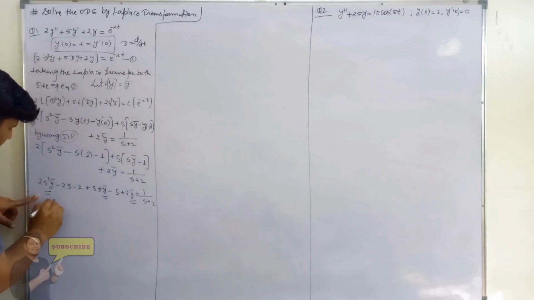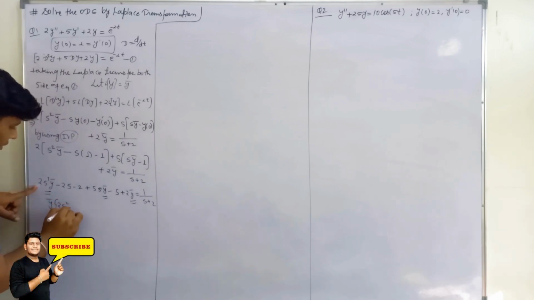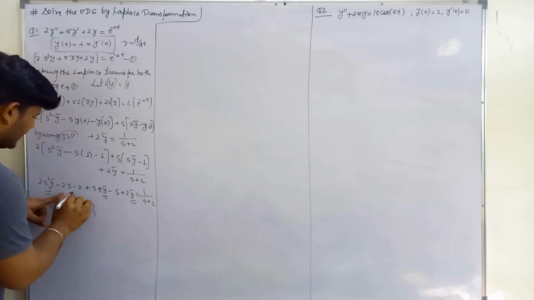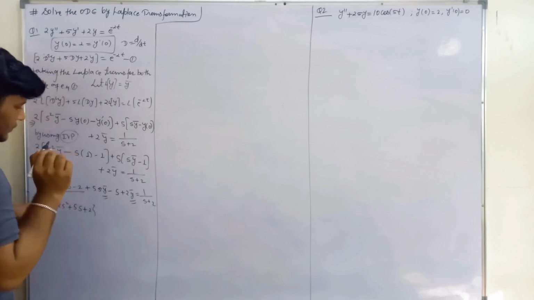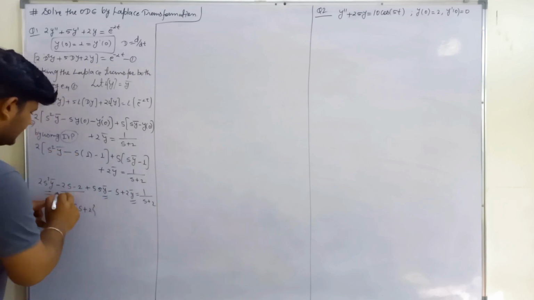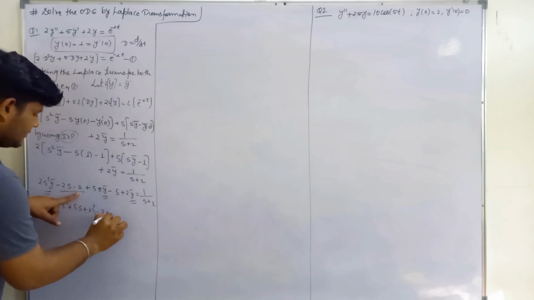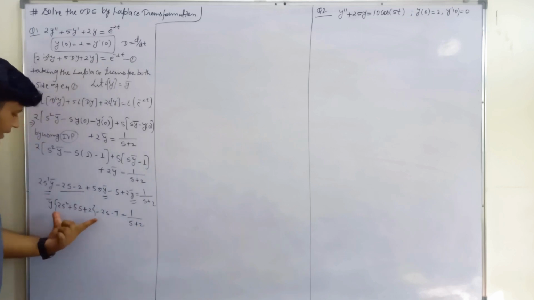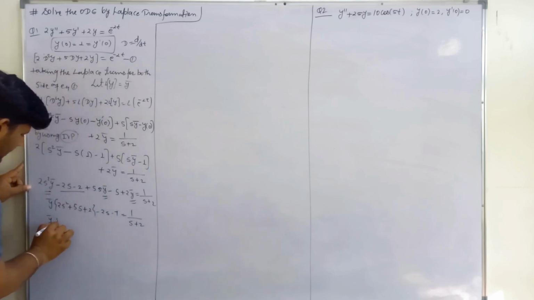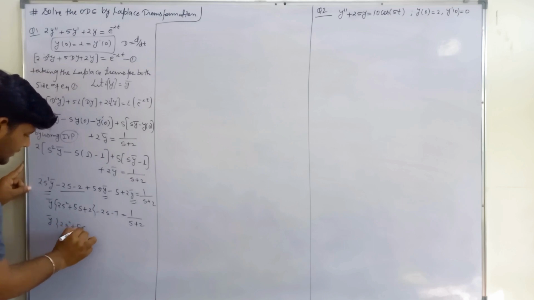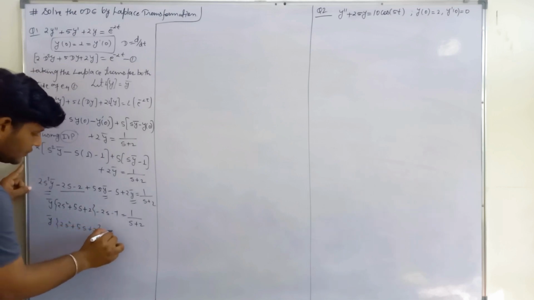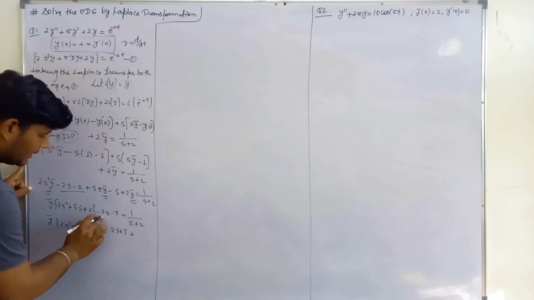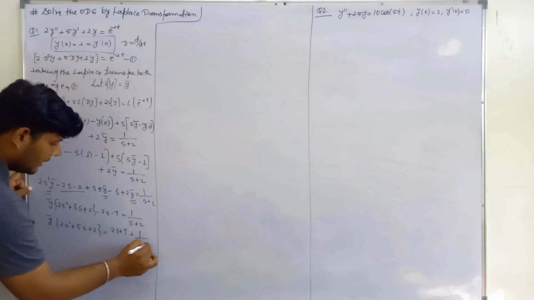So y bar times 2s² plus 5s plus 2, and the constant terms remain, so it is minus 2s minus 7 on the left, equals 1 upon s plus 1. Moving them across, y bar times 2s² plus 5s plus 2 equals 2s plus 7 plus 1 upon s plus 1.